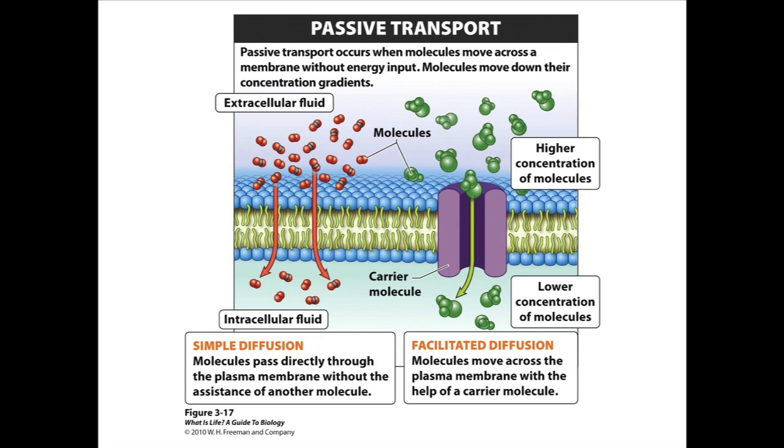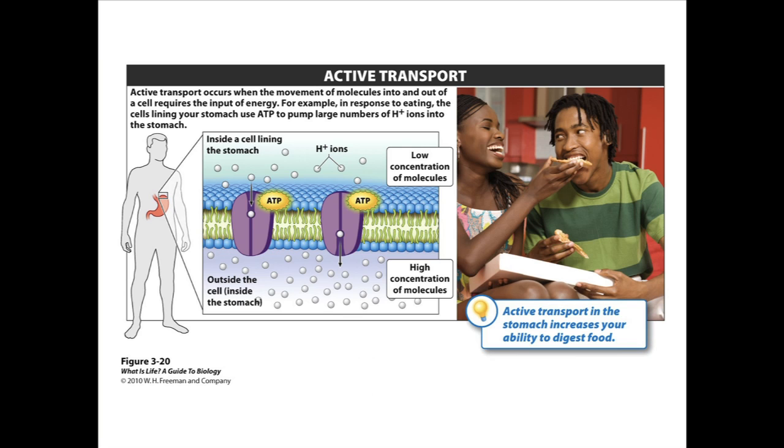We have also molecules that move across from a higher to a lower concentration by facilitated diffusion, where molecules move typically through a carrier molecule, a protein in the membrane, as shown by this pore on the right side of that slide. Active transport uses chemical energy to drive materials inside or outside of a cell against the concentration gradient.